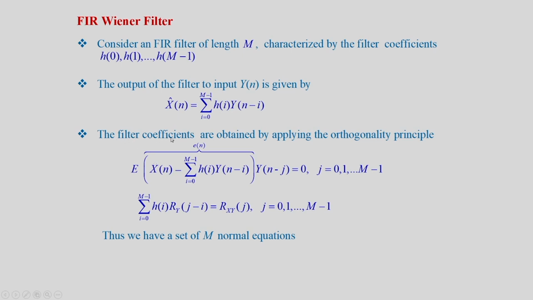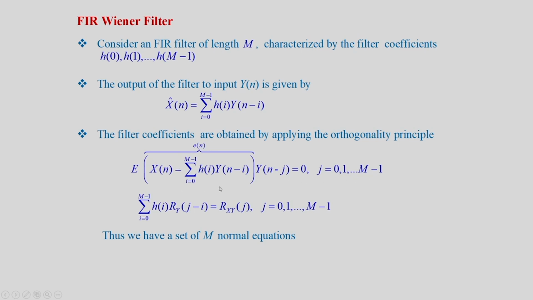The filter coefficients are obtained by applying the orthogonality principle. What is that? Error is orthogonal to data. So, E of x n minus summation h i y n minus i, i going from 0 to m minus 1, that is the error, into y of n minus j will be equal to 0 for j is equal to 0, 1 up to m minus 1.